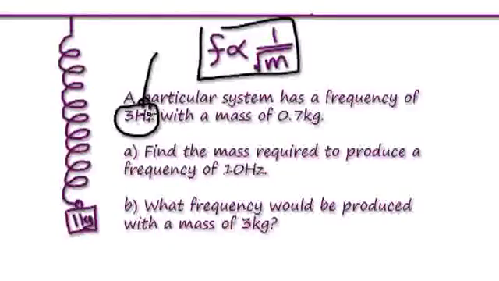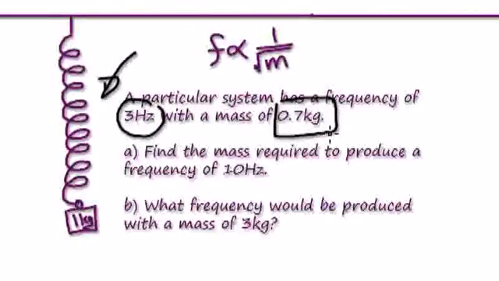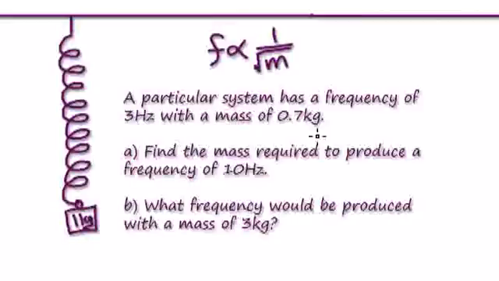Hertz is just a measurement of frequency, and again, don't worry about it too much. Anyway, this particular system has a frequency of 3 hertz with a mass of 0.7 kilogram.